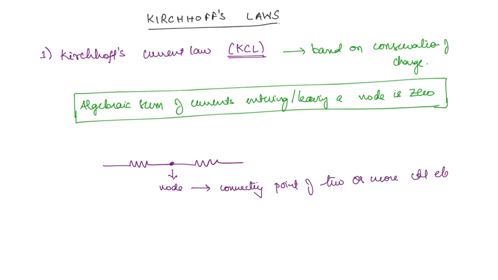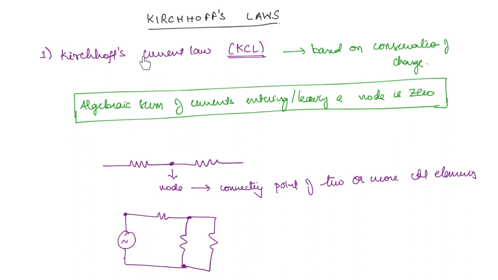Another example: there is a voltage source, here a resistance and here a resistance. This is one node where two circuit elements are connected, this is another node where three circuit elements are connected, and this is also one node. This is what is meant by a node.